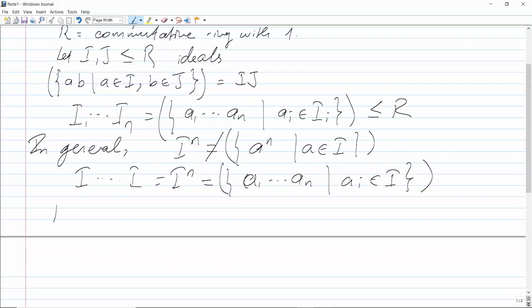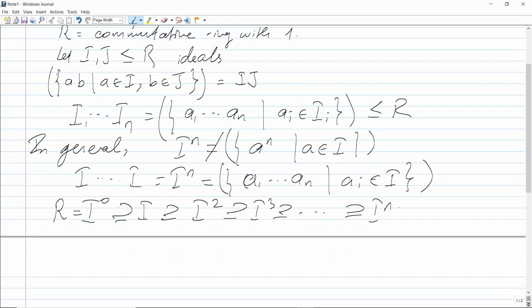If we set I^0 to be R, then I^2 is contained in I, and I^3 is contained in I^2, and so on, I^n goes like that.